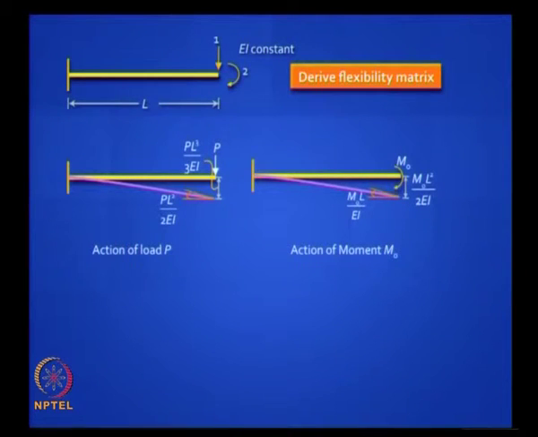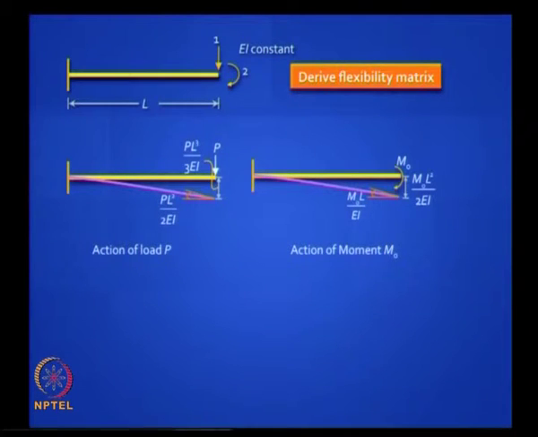You could even use the conjugate beam method to work out the deflection and the slopes, and those values are very easy to calculate. The deflection caused by the load P is PL^3 by 3 Ei, the rotation is PL^2 by 2 Ei, and due to the moment the deflection is m0 L^2 by 2 Ei, and the slope is m0 L by Ei.